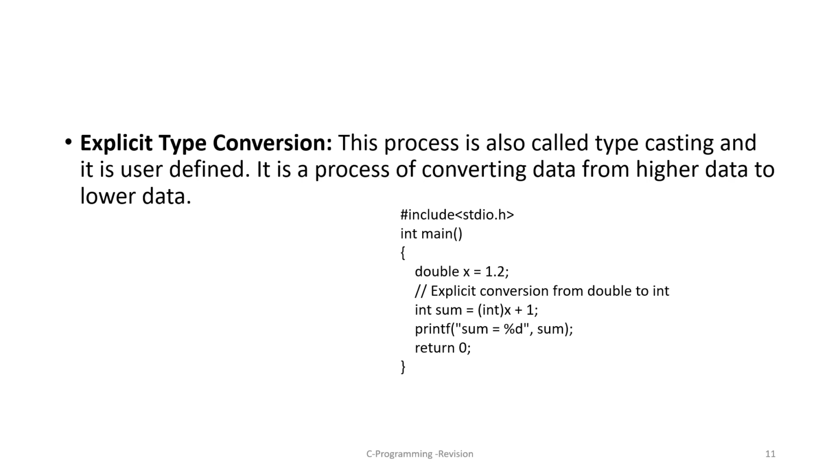That should not happen. So when you are converting, please take care of checking whether you are compromising the data or not. This is done by the user. Customized type conversion. This process is also called typecasting. It is user defined.